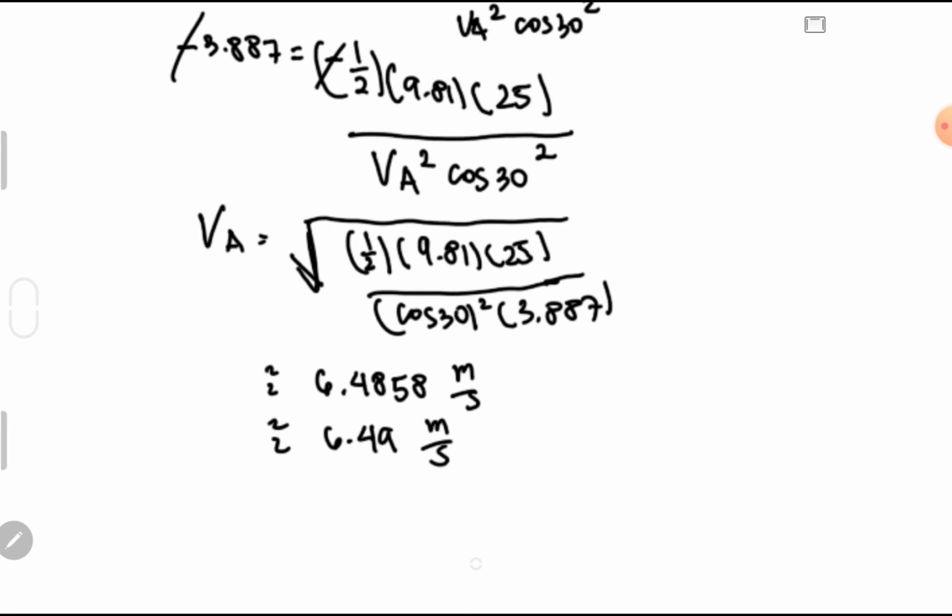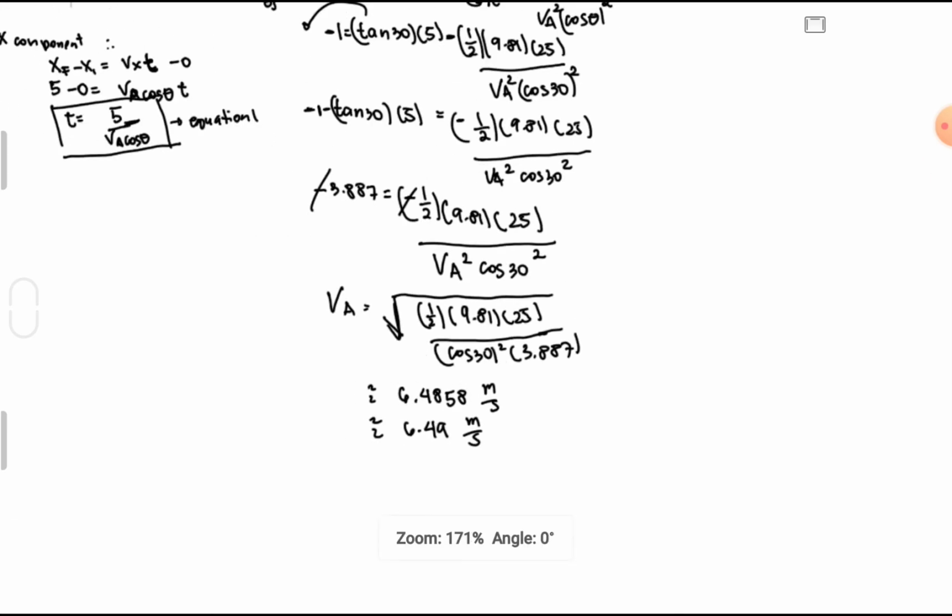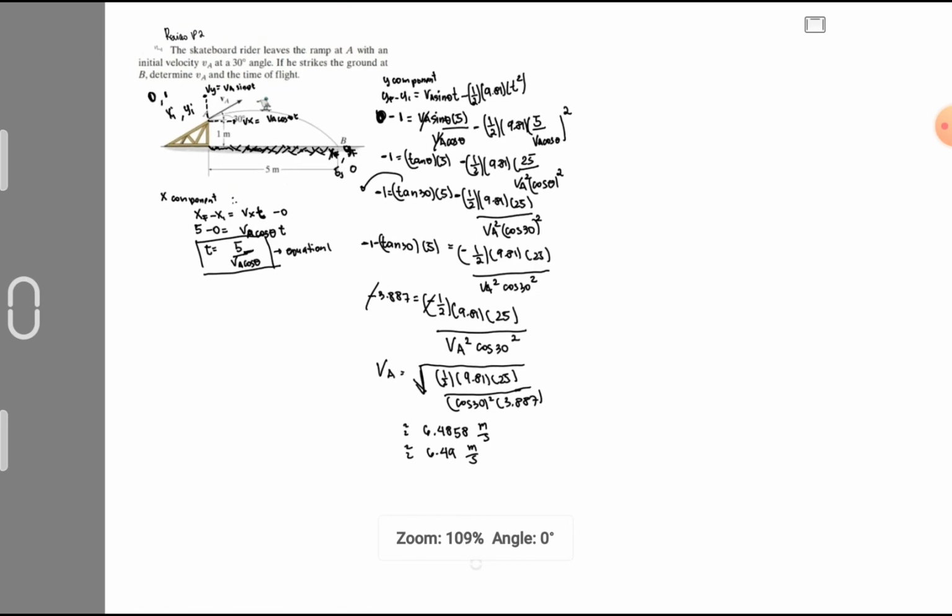Next, you would solve for the value of your time, since the question asks for the time of flight. So the time of flight is solvable using this equation, right?